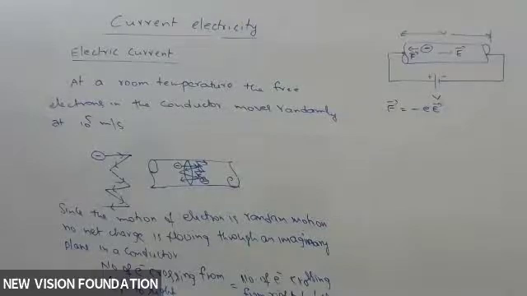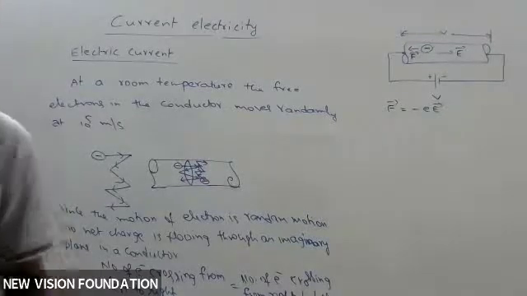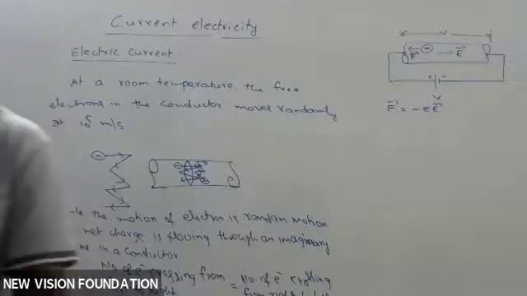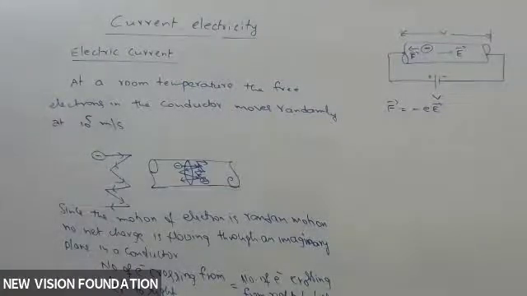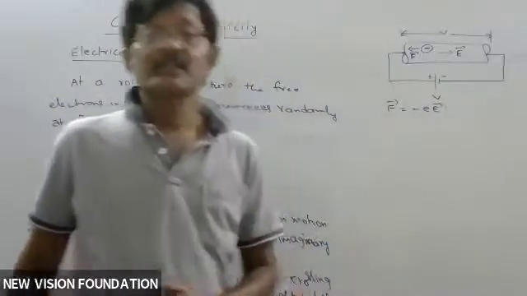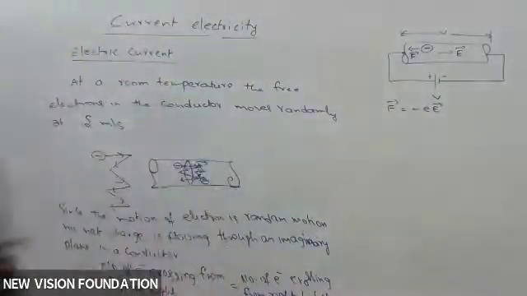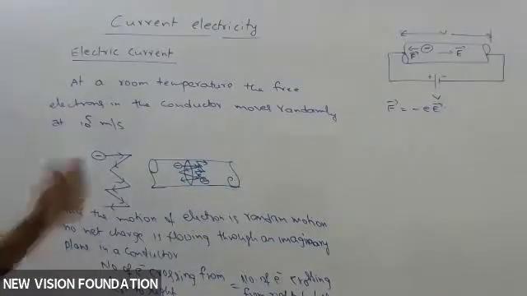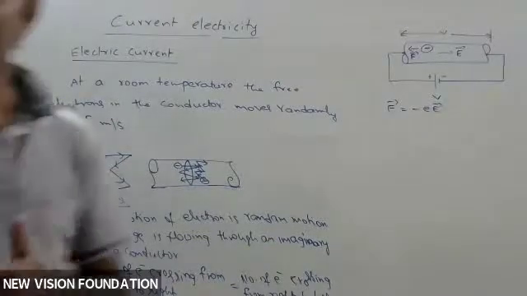And during their motion, the conduction electron undergoes multiple collisions with the other free electrons as well as the remaining structure of the conductor. When this conduction electron collides with the lattice of the conductor, it loses its kinetic energy and sometimes comes to rest momentarily.